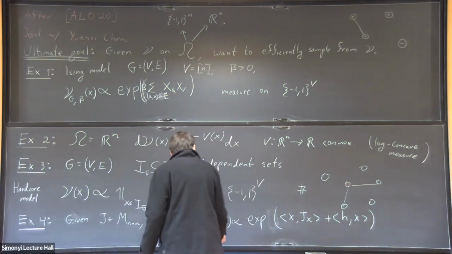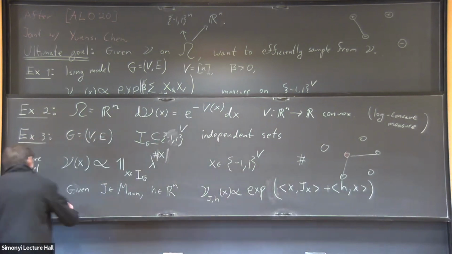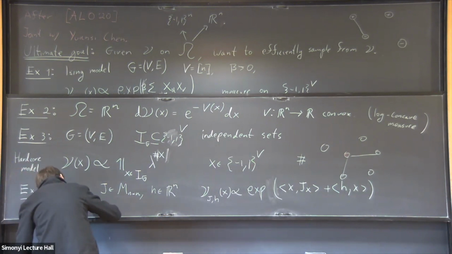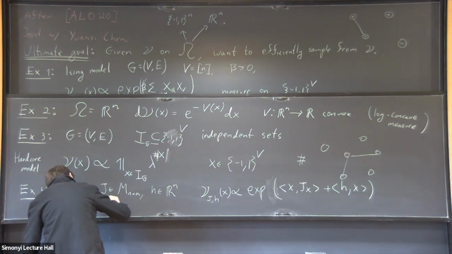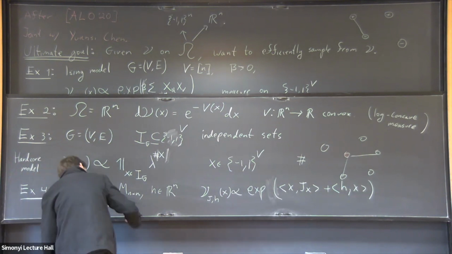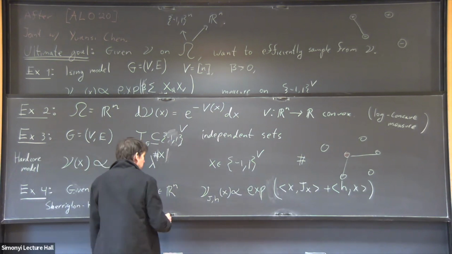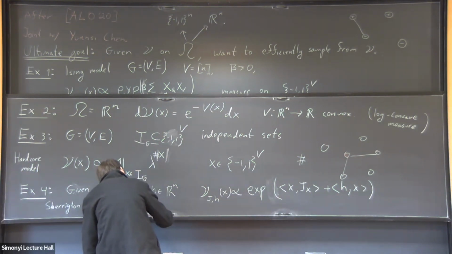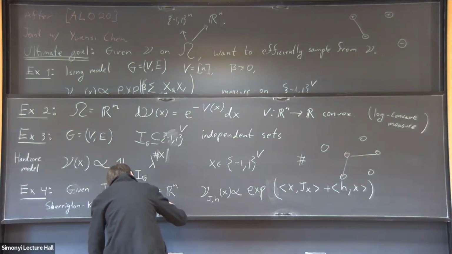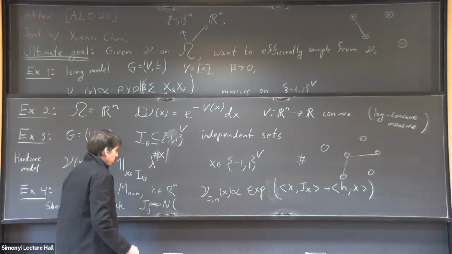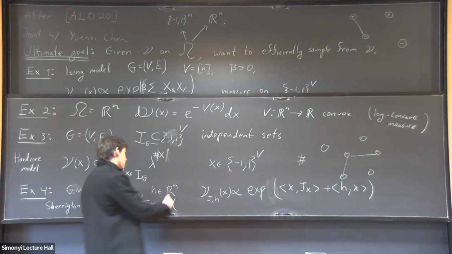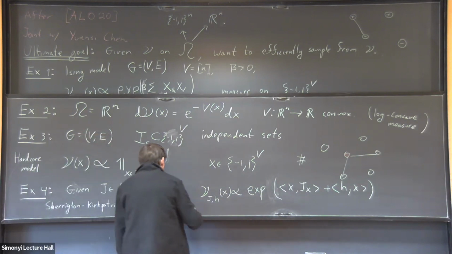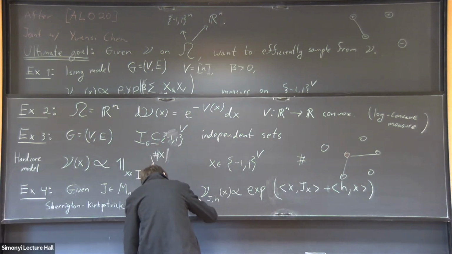And one model that we'll look at later is the Sherrington-Kirkpatrick model, or SK model, where J_ij are just IID Gaussians, centered and with variance beta over n, I guess.